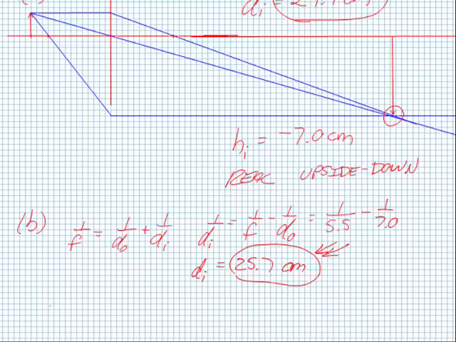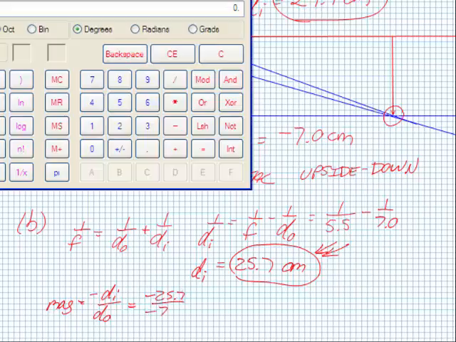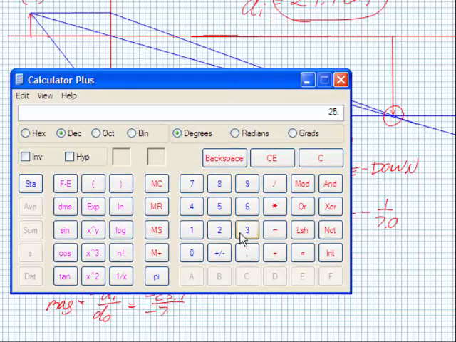And now for the magnification. Magnification is negative di over do. So it gives us negative 25.7 centimeters divided by 7. Gives us about 3.1.